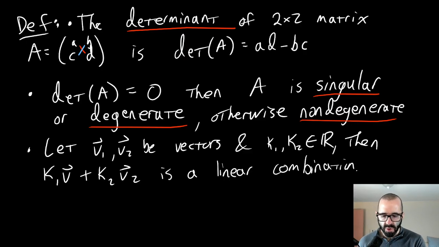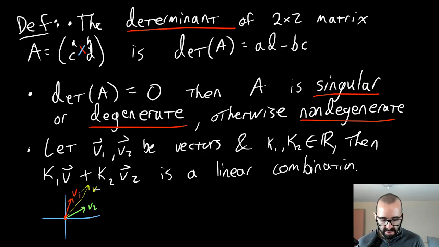Okay, so for example, we'll visualize this a lot more later on in this section. Let's say that I have two vectors, and maybe one vector looks like this, and maybe another vector looks like this. Then I could add them together to get a third vector.